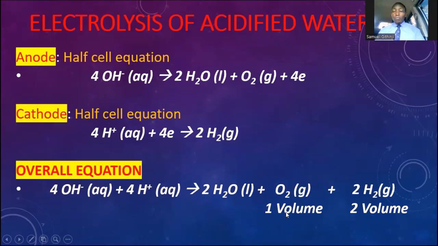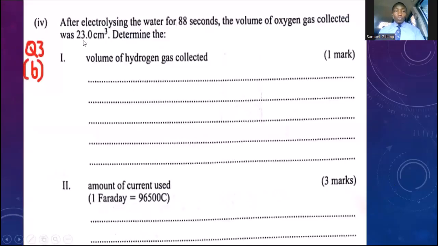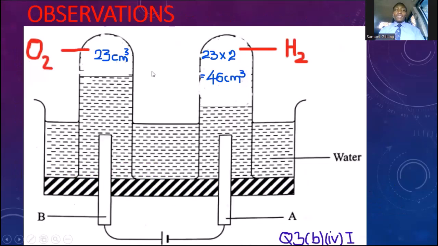For every 1 volume of oxygen, 2 volumes of hydrogen will be produced. So do we know the volume of oxygen that was produced from the previous question? Yes, 23. So what do you think will be the volume of hydrogen? 23 times 2. And actually, this is how this diagram will look.